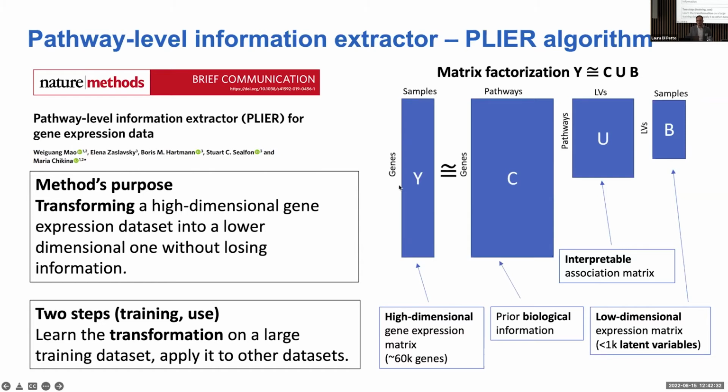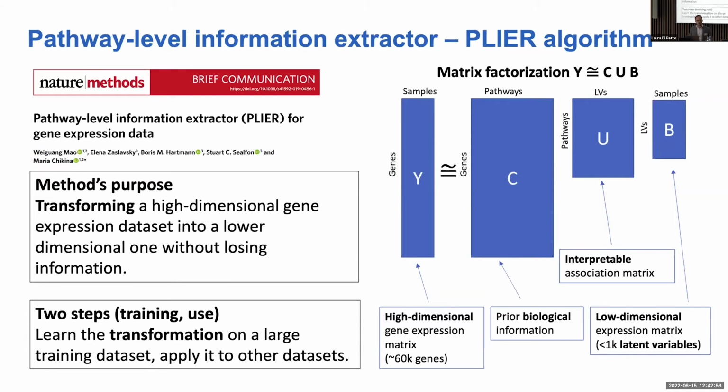So it is desirable, if possible, to try and have a more compact representation of this data set. Visually, to make this data set closer to a square, like in this case, where we will have the samples, but every sample will be described not by 60,000 genes anymore, but by a limited number of variables. The PLIER algorithm is an algorithm which allows us to do this operation.